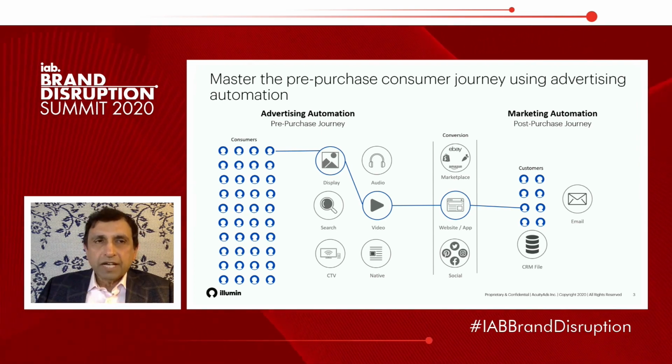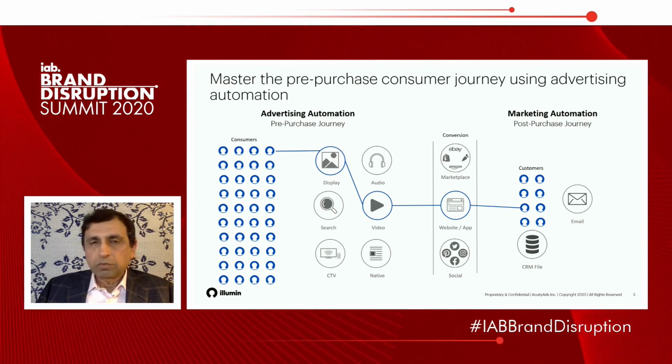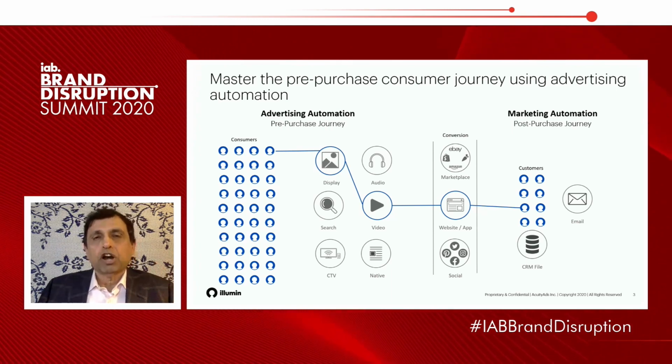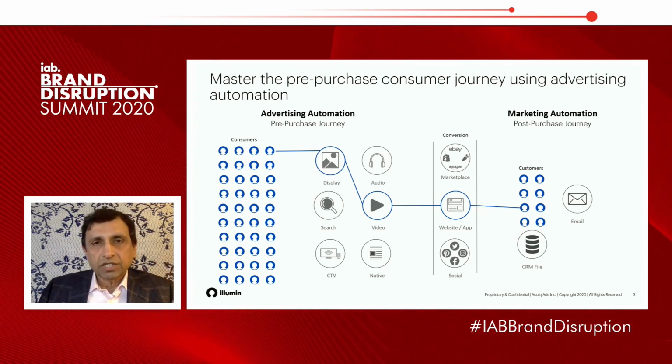But we are focused on advertising automation that's supposed to deal with the pre-purchase, which is the vast majority of the audience that will ultimately drive growth for you. You don't believe me? Ask Byron Sharp. He's done extensive research in this category to really understand that most of the growth that brands can drive will be through acquisition.